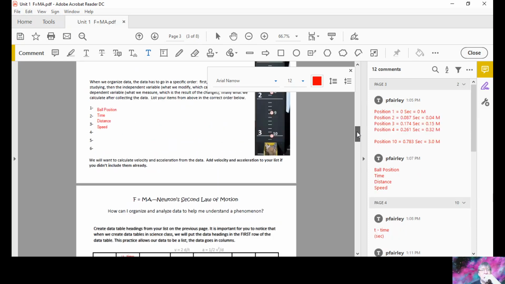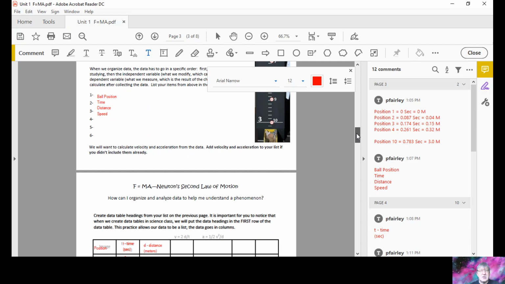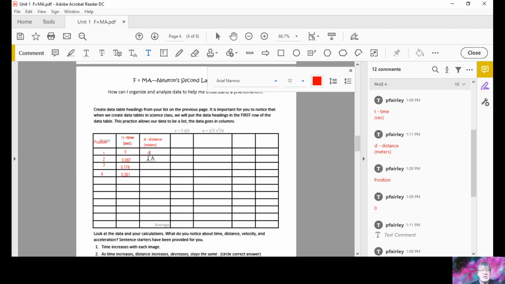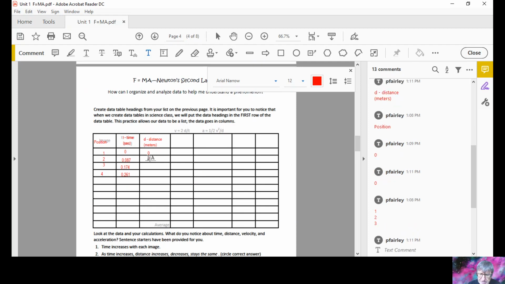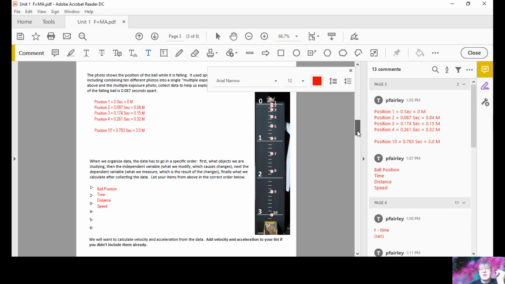Simple. For position 2, I'd already measured it. All I have to do is take these numbers that I'd already figured out and move them onto the chart. 0.04 is the next one. Again, I want to be as accurate as possible. That's why I went all the way down to 0.04 instead of just calling it 0.05 or 0.1 or something.